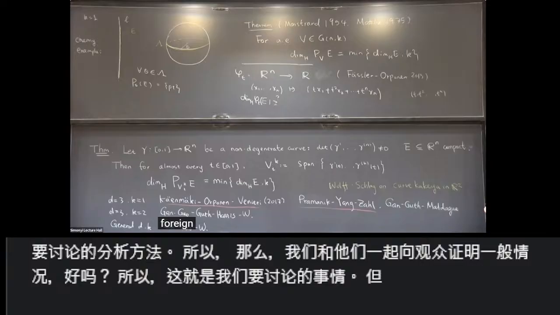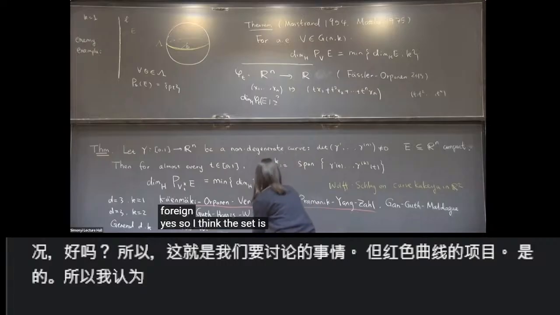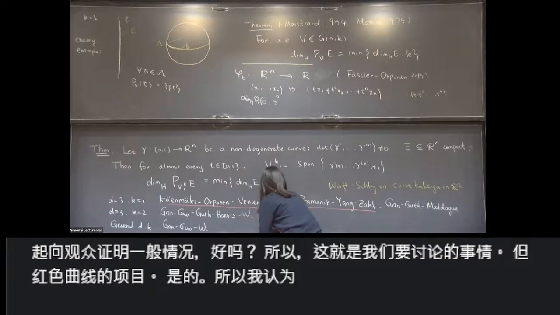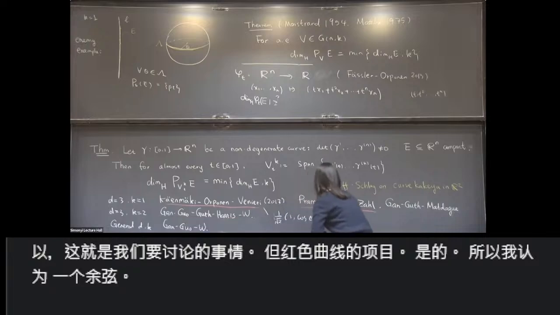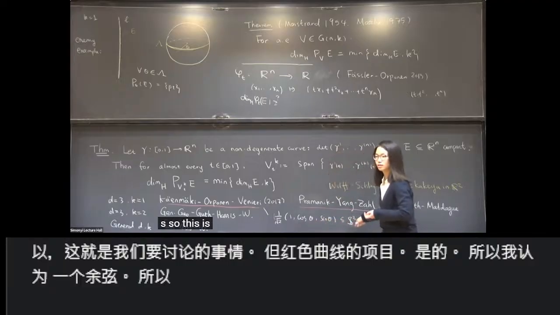So you said they proved it for that red curve? Yes, so I think the set is (1, cosine theta, sine theta) of S2. So this is the set.